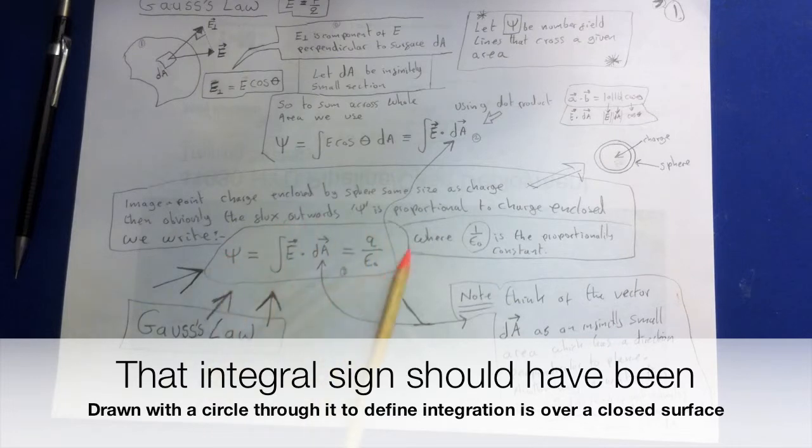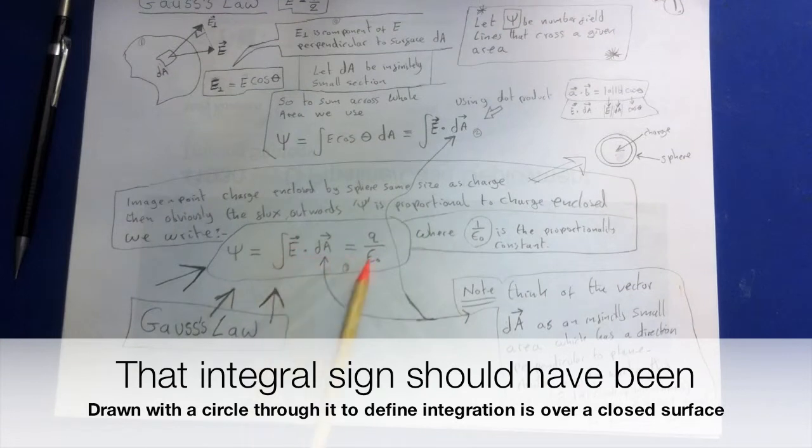So this here is Gauss's law, where 1 over epsilon naught is the proportionality constant. This is known as the permittivity of free space. It's the electric permittivity, okay? And this is the proportionality which defines Gauss's law.